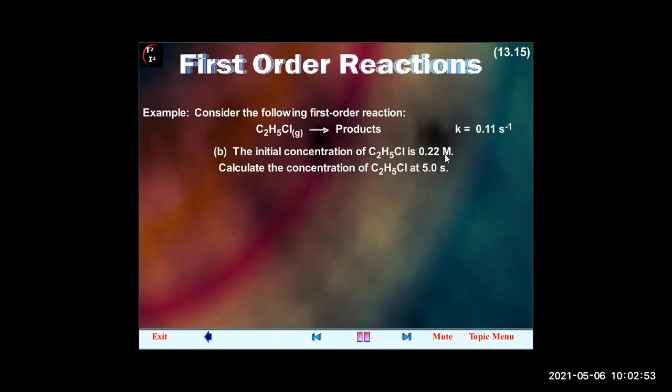B. The initial concentration of C2H5Cl is 0.22 molar. Calculate the concentration of C2H5Cl at 5.0 seconds.